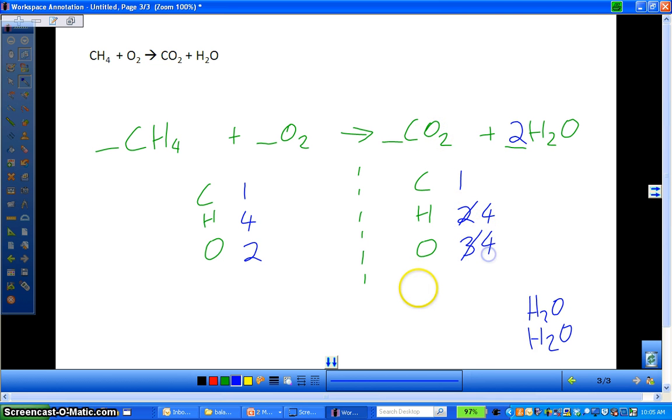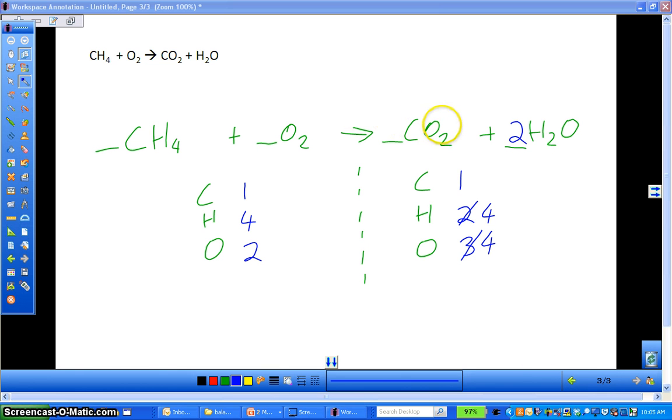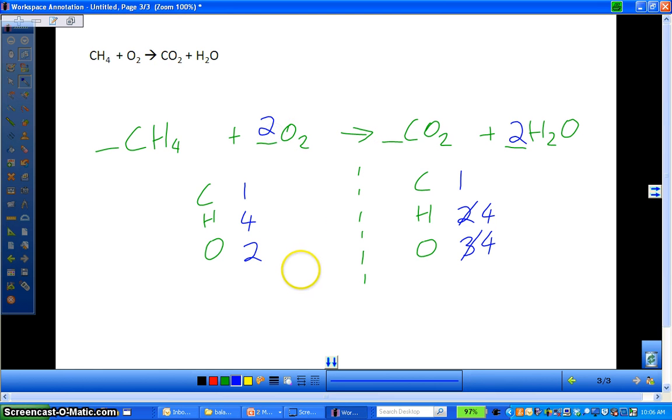So we've got 4 O's. 2 of them are here, and 2 of them are here. Now we check it. 1, 1, 4, 4, 2, 4. So we need more O. Okay, 2 times 2 is 4. 1, 1, 4, 4, 4, 4. And we're balanced. We're done.